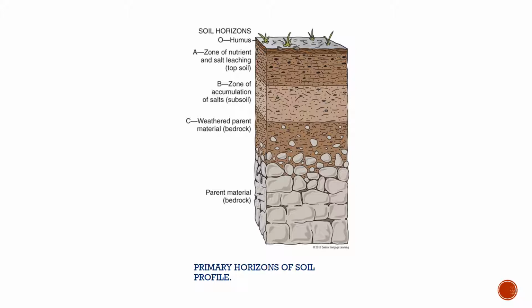So that's where all of those nutrients and salt are leaching into. That's that layer from the humus, or the organic matter on the top. Then the B layer is the subsoil. That's where a lot of the salt sits. Then we have the C layer, which has mostly weathered bedrock, and then parent material or bedrock below there, and that will just start to seep up as time goes on.